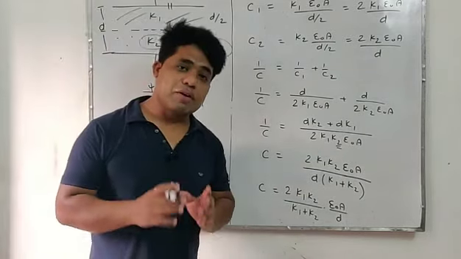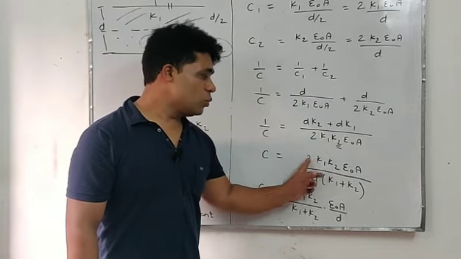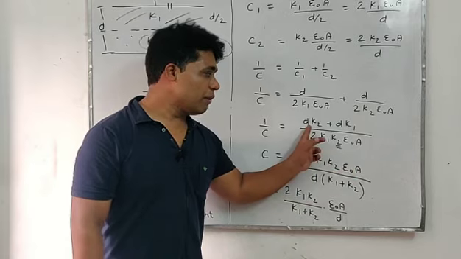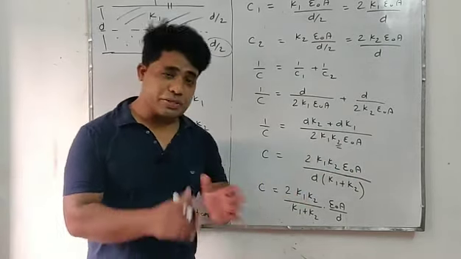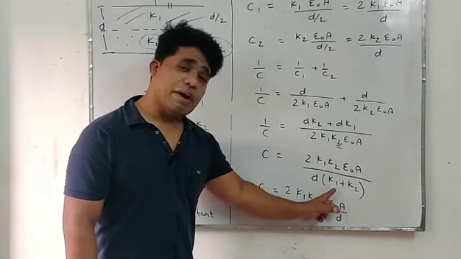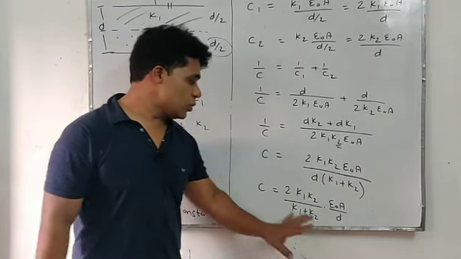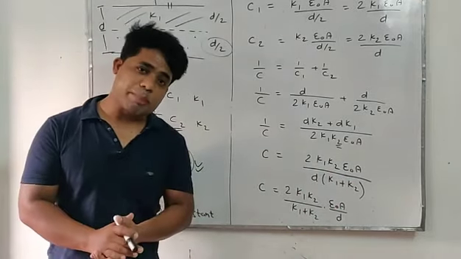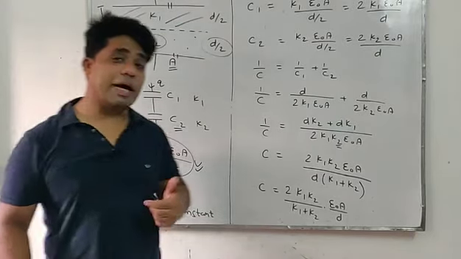This is 1 by C, and we require C, so we take the reciprocal on both sides. We get 2 K1 K2 epsilon A divided by D, K1 plus K2. Now we can arrange it in a proper way: 2 K1 K2 divided by K1 plus K2, times epsilon A by D. So this is the capacitance of a parallel plate capacitor when it is divided in two parts horizontally with dielectric medium.